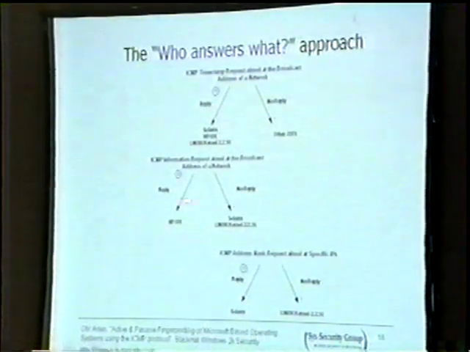The HP-UX-based machine will answer us, and Solaris and Linux will not. In the third step, we query those IPs with a regular ICMP address mask request aimed at the specific IP. We will get a reply from Solaris, and Linux will not reply.